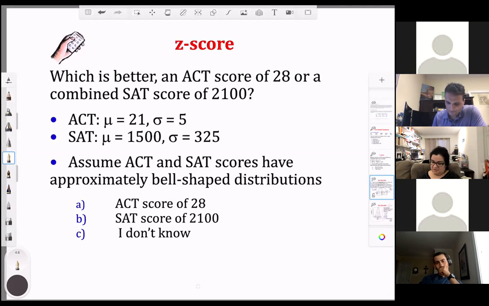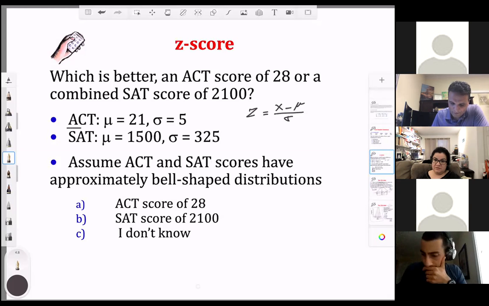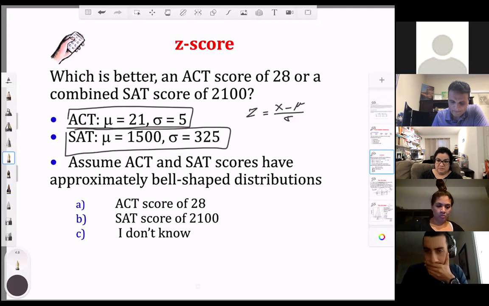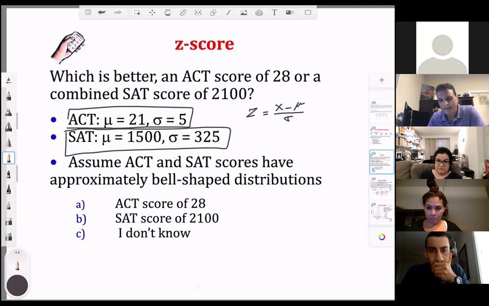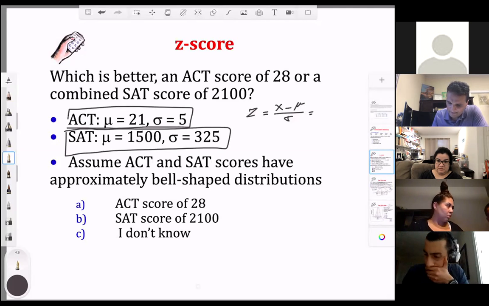To do this, we use the Z score. Z tells us how many standard deviations you are away from the mean. That's the definition of Z score, which is x minus mu divided by sigma. Let's find the Z score for the ACT and the Z score for the SAT.